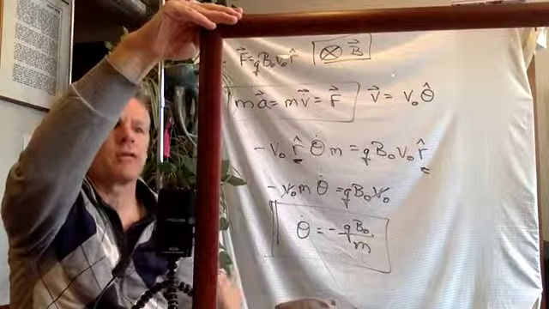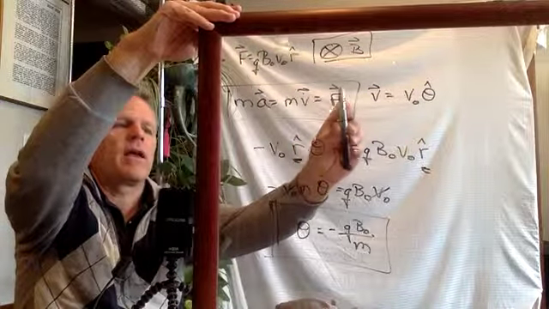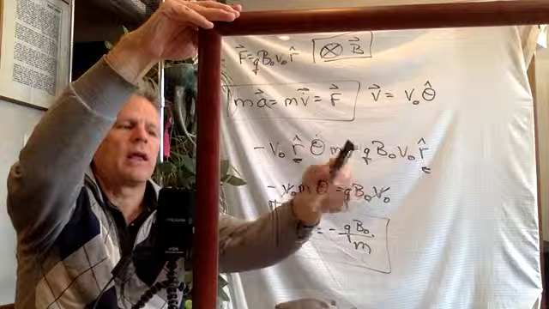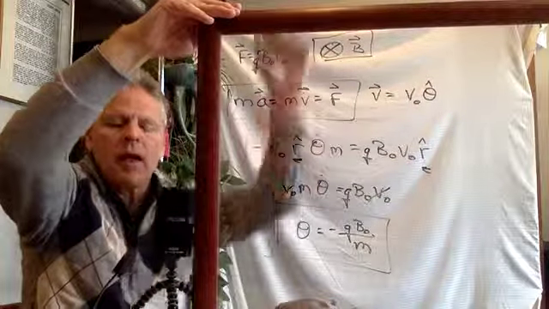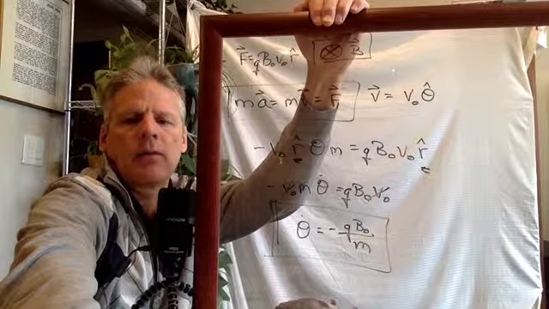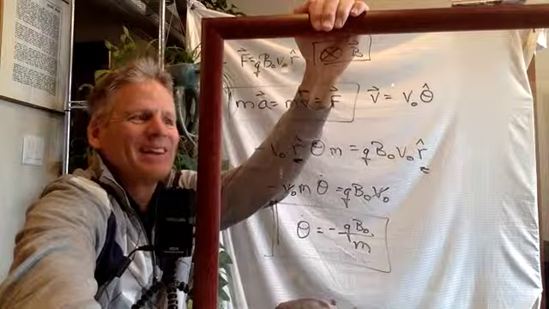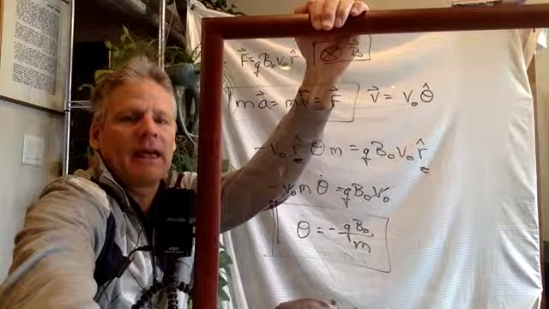Or you can do this in cylindrical coordinates, where you will find that what we have is an object that's just moving around in a circle. Okay, I am going to leave it at that, and I think we're pretty much done with this topic of a moving charge in a uniform magnetic field.